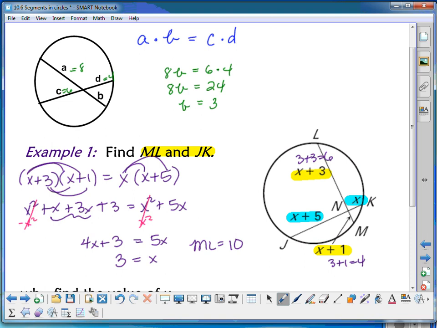And then JK, when I plug it in, 3 plus 5 is 8, and this is just a 3, so JK is 8 plus 3, or 11.